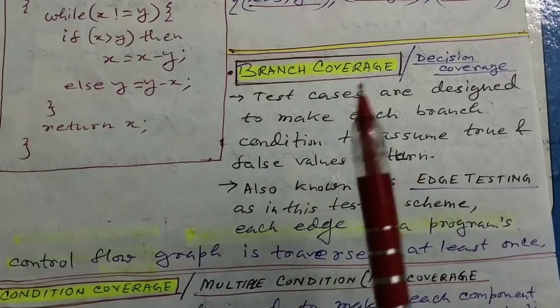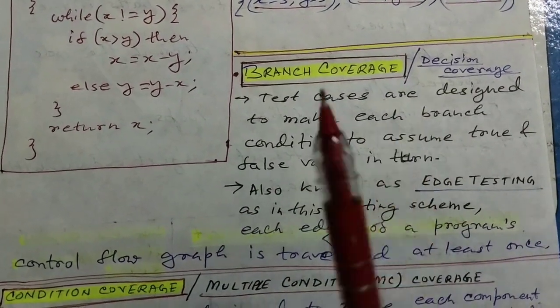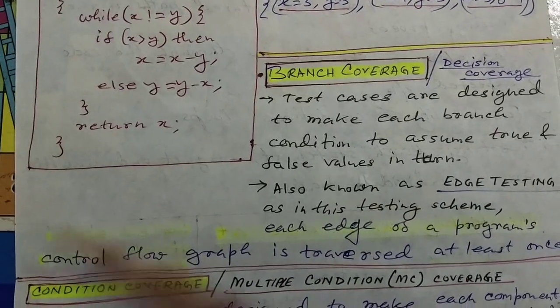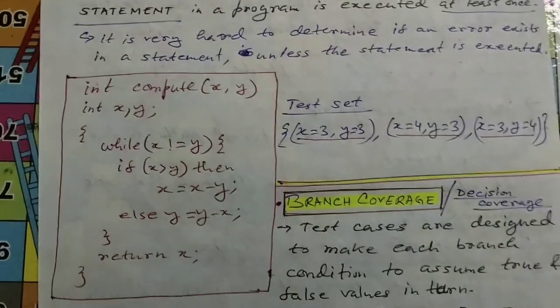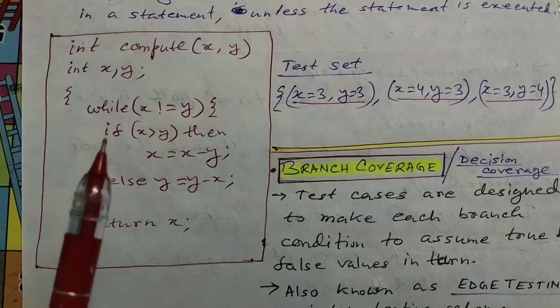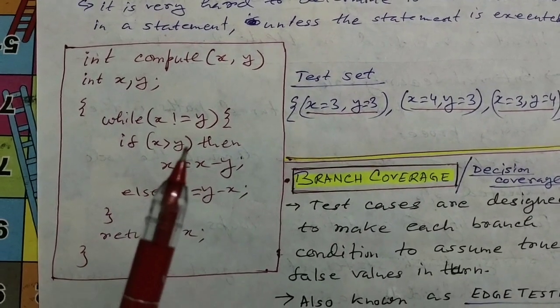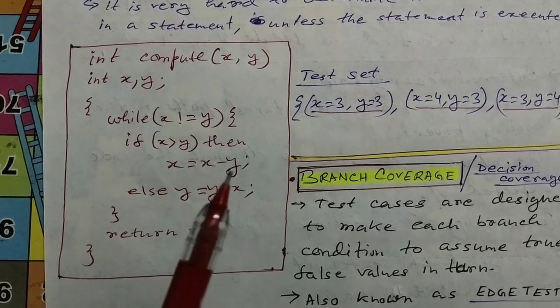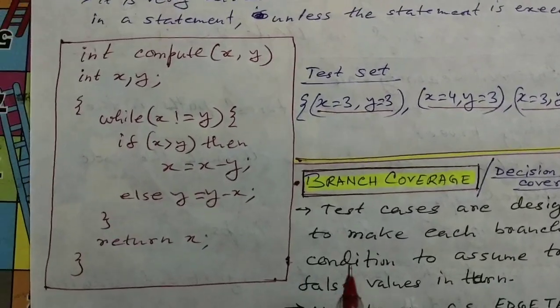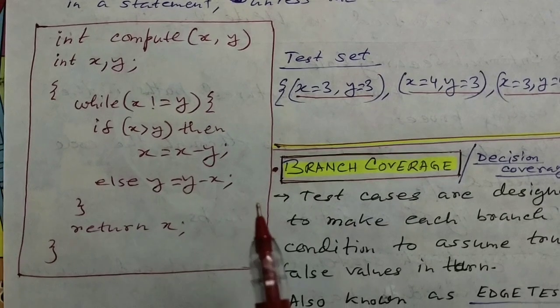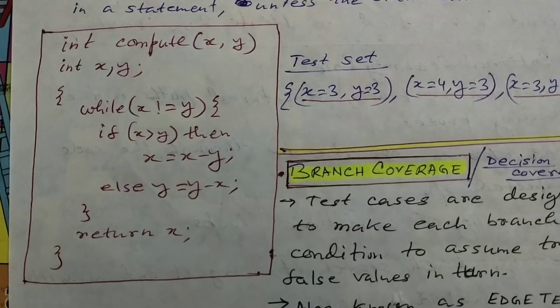Before that, just check all the branches will be checked. Suppose if x greater than y is true, then this statement will be executed. If x less than y, then y equals y minus x, this statement will be executed, right?